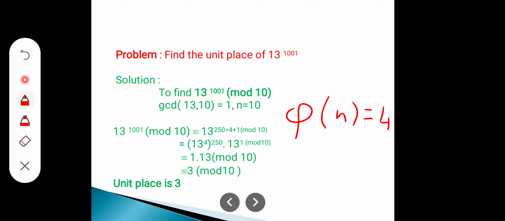So we divide 1001 by 4. We get 250 as the quotient. So 1001 is represented as 250 into 4 plus 1. 1 is the remainder. So 13 power 1001 can be written as 13 power 250 into 4 plus 1.